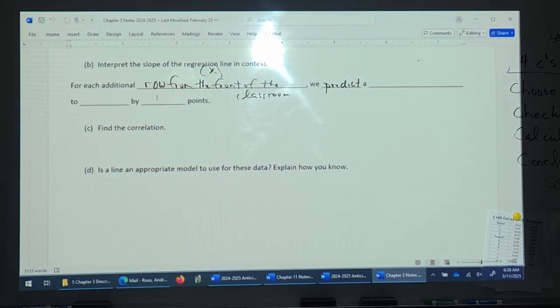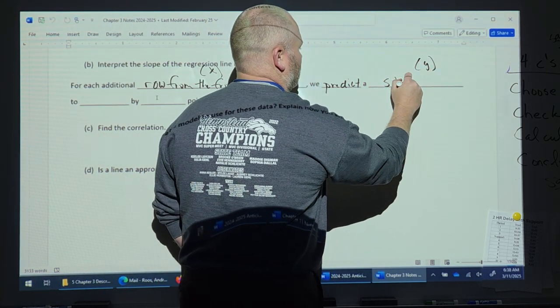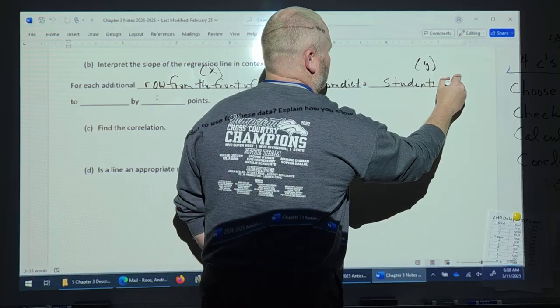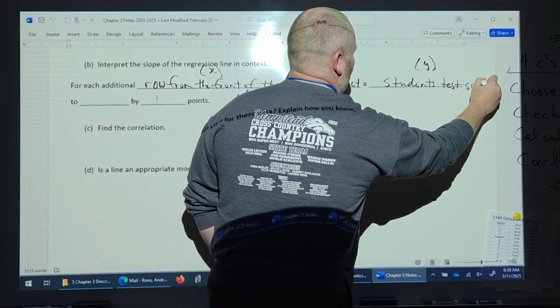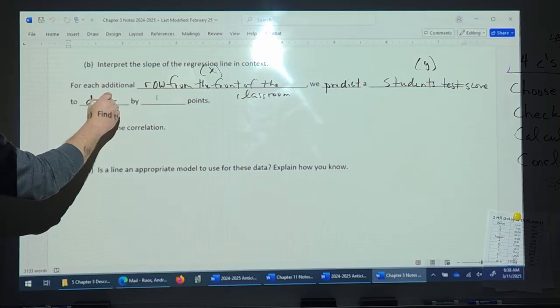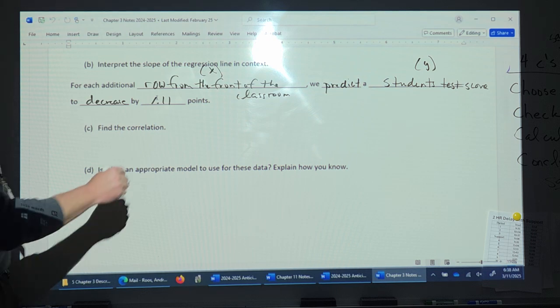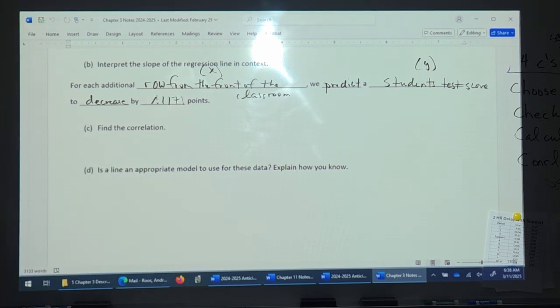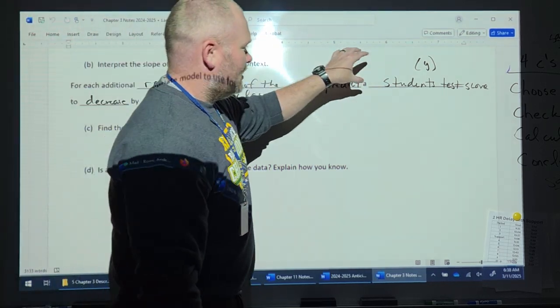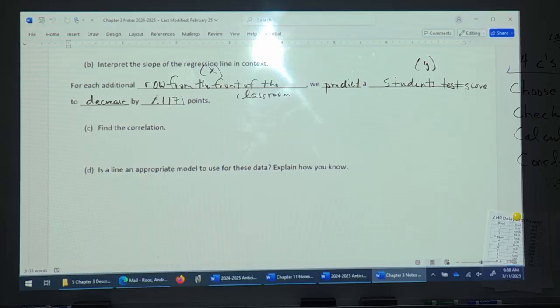Increase or decrease. So we would predict a student's test score to decrease because the slope was negative. So we're predicting it to decrease by 1.1171 points. When you're interpreting slope, for each additional x, we predict the y is going to increase or decrease by whatever the slope was.